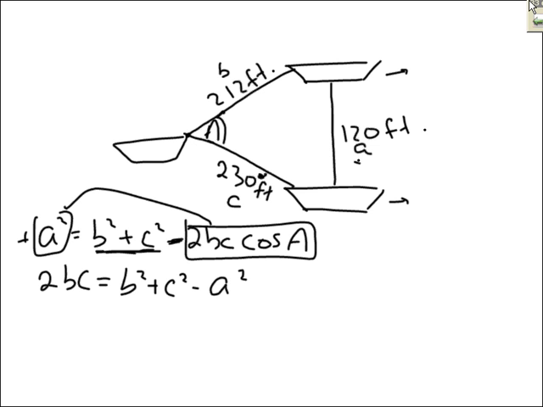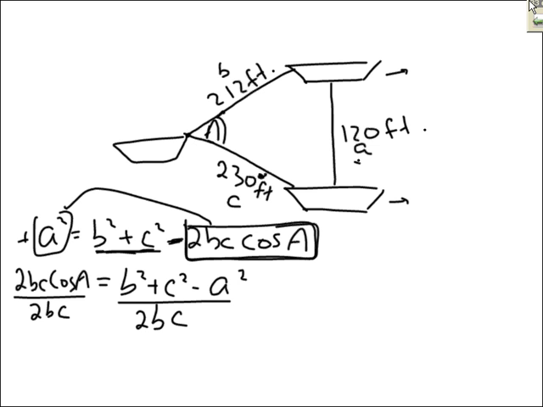And I do have a typo. I didn't bring everything over to the left as promised. I need to bring over 2bc cosine A. I brought all of this over. And now I divide by 2bc. Divide by 2bc, and this cancels out.